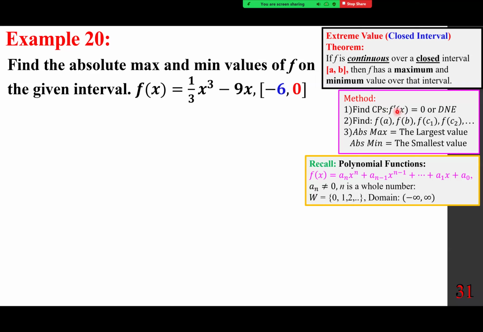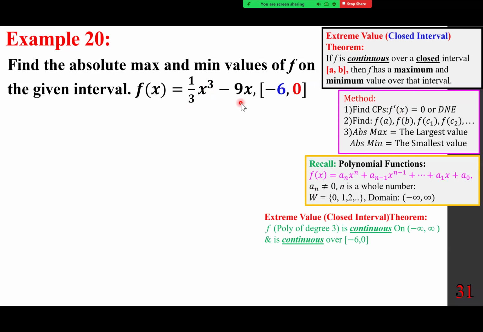So the very first thing is what? Find f prime. So f prime is 1/3 times 3x squared minus 9. So that's very simple. By the way, this is a polynomial of degree 3, which is continuous from negative to positive infinity, and therefore continuous from -6 to 0.